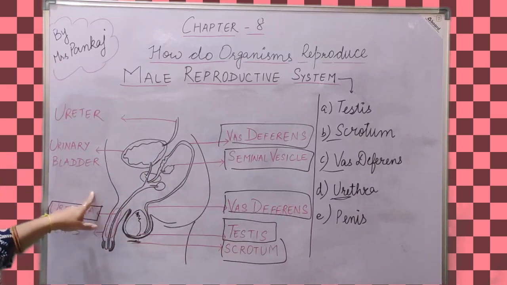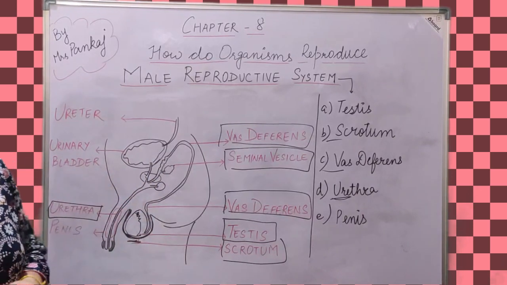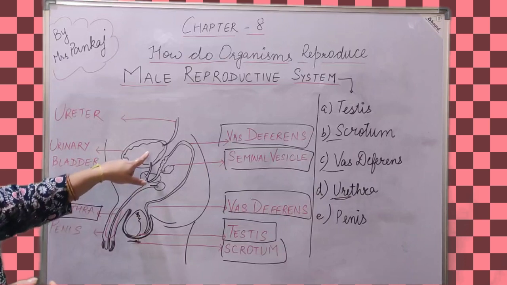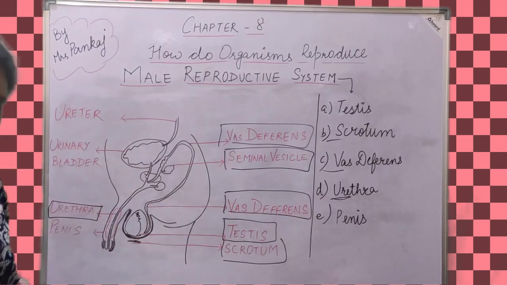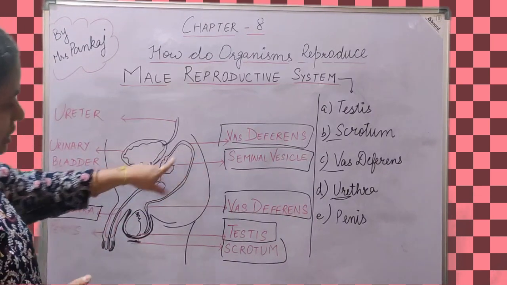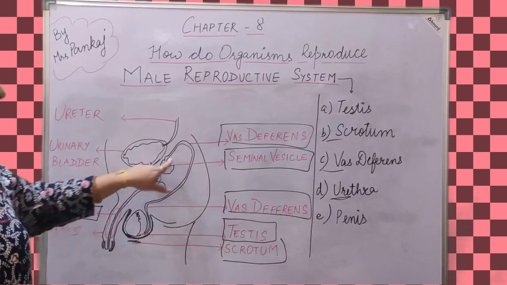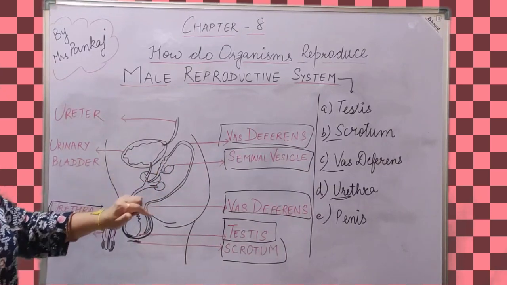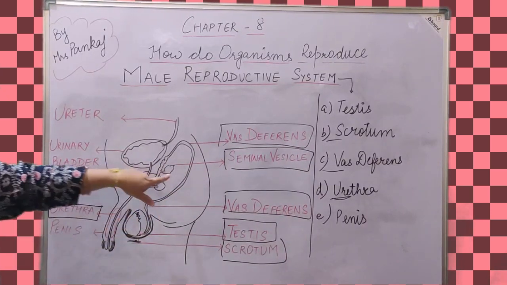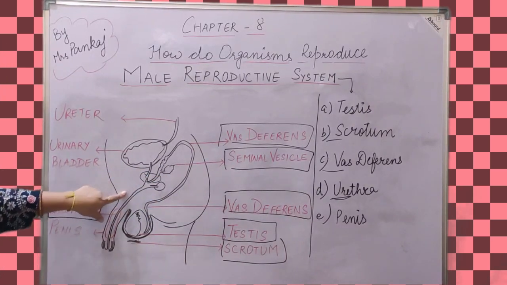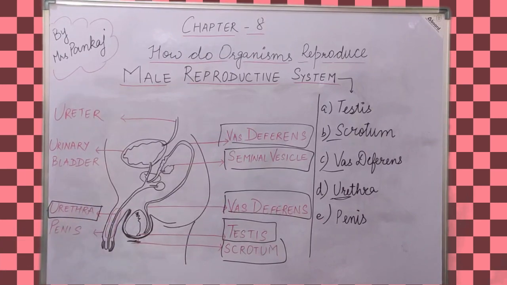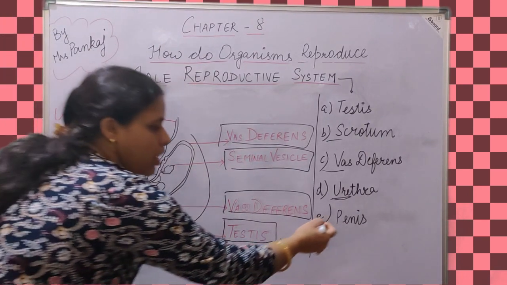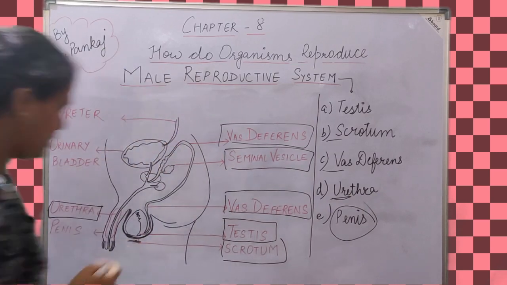See, this urethra is approximately a 20 centimeter long tube which carries the urine from the urinary bladder towards the penis, and it is ejected out from the body. Similarly, it also carries the sperm from the seminal vesicle. At the time of sexual intercourse, the sperm is carried inside this urethra towards the penis, and then it is ejected out.